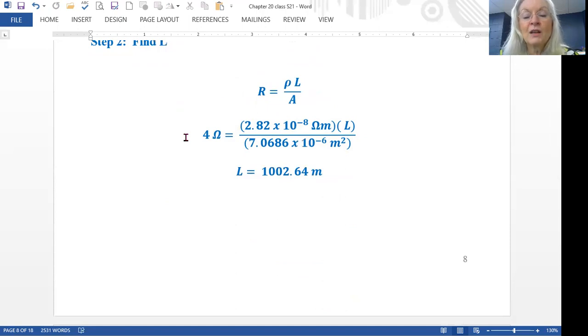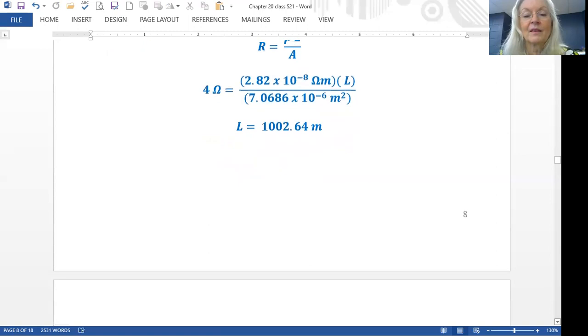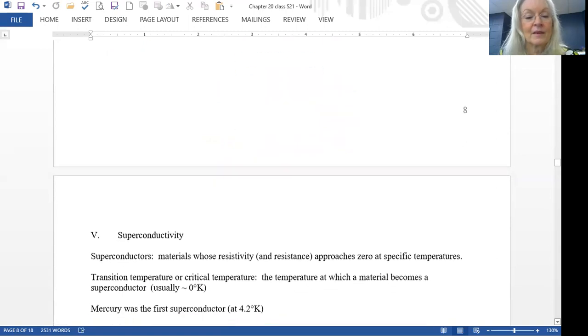When you take this denominator and multiply it by 4, and then divide that answer by the 2.82 times 10 to the minus 8, you should get 1,002.64 meters. If you don't, you need to ask me for help. It is a long piece of wire.